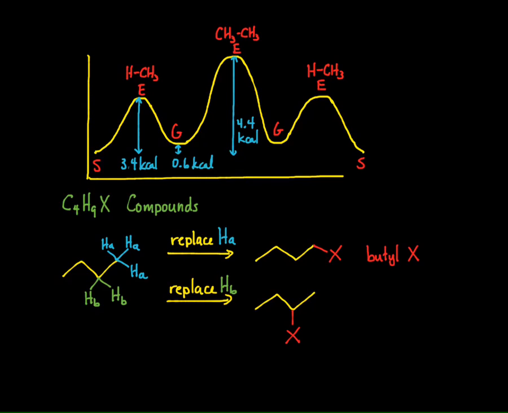Now, it is not isobutyl because we already have isobutane. This is referred to as sec-butyl, and I'll tell you why in just a little bit. But for now, just recognize it's called a sec-butyl compound. So sec-butyl alcohol if it was an OH, sec-butylamine, sec-butyl bromide, right?